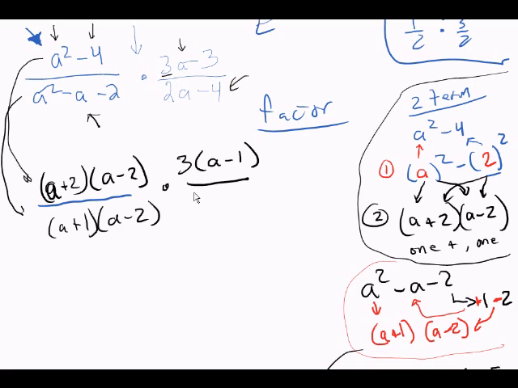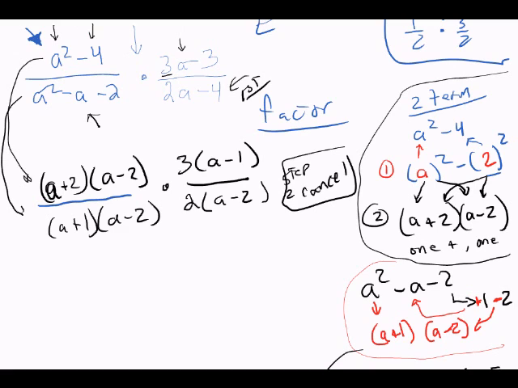So for this one, we have 3 and a minus 1. What do I get on the bottom when I factor out the GCF out of this bottom one? Yes. Okay, so step 1, we factored after we flipped everything.